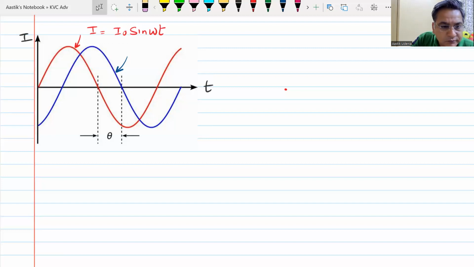V naught sine omega t. It's a current wave. There's some angle theta there.